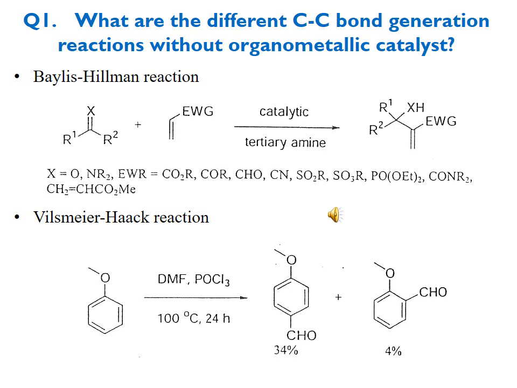In the Baylis-Hillman reaction, we used an electrophile and an activated alkene, and after the reaction of these two in the presence of tertiary amine as a catalyst, we get the CC bond generation between these two compounds. And in case of Vilsmeier-Haack reaction, aromatic systems having electron donating groups are used for the formylation with the help of dimethylformamide and POCl3, or phosphorus oxychloride or phosphoryl chloride.